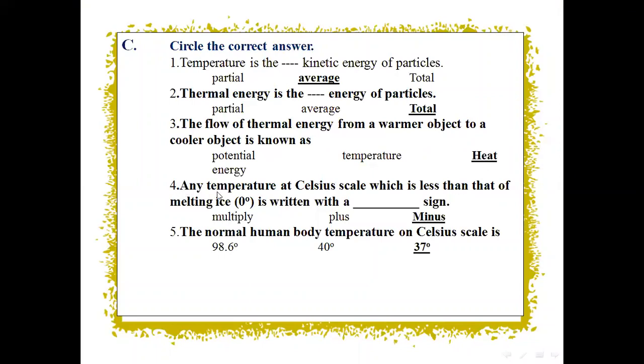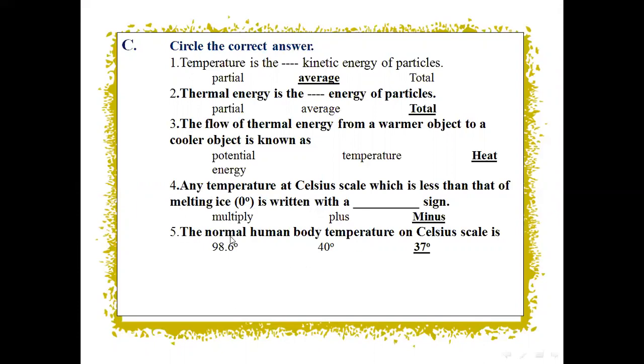Number 4, any temperature on the Celsius scale which is less than that of melting ice, 0 degrees, is written with the dash sign: multiply sign, plus sign or minus sign. So less than 0 degrees you write with a minus sign.